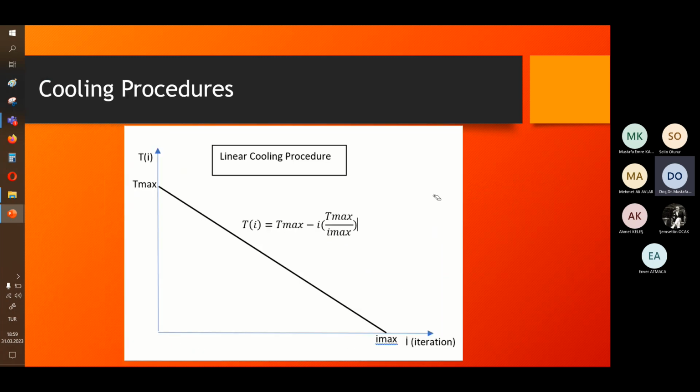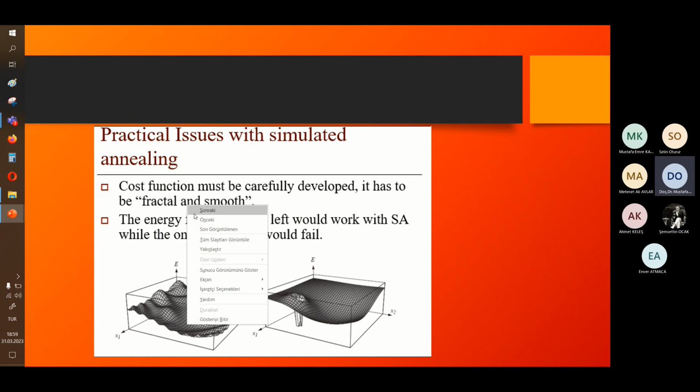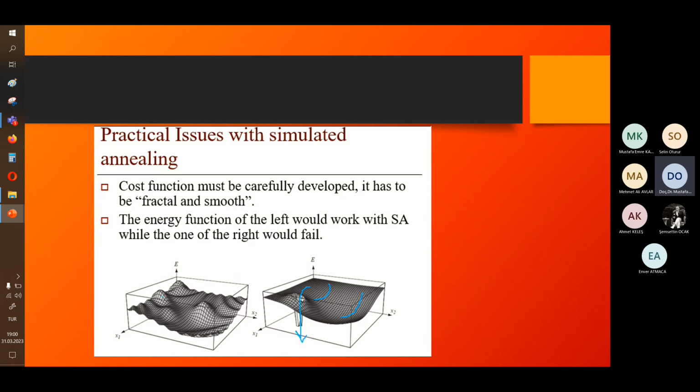Anything else? Okay. If the cost function is not smooth, the simulated annealing algorithm will not be functioning properly. If it has abrupt changes like this, as you can see, it is quite smooth in here, but all of a sudden it goes, I mean, it has got a minimum point in here.